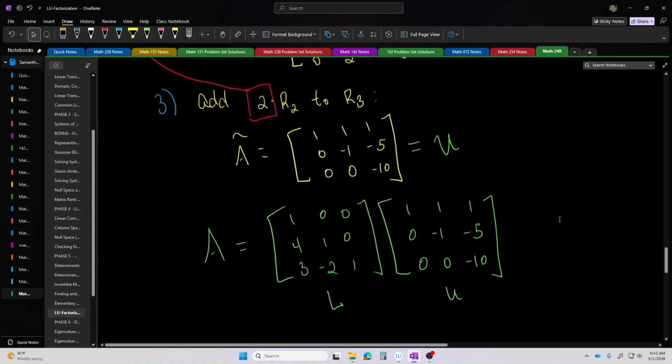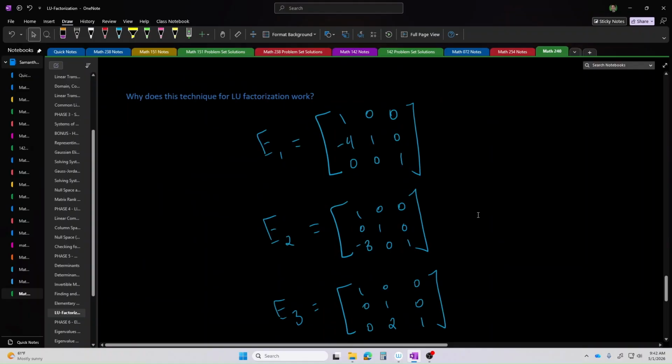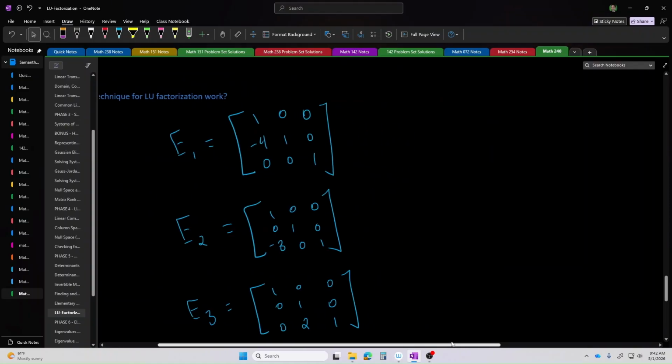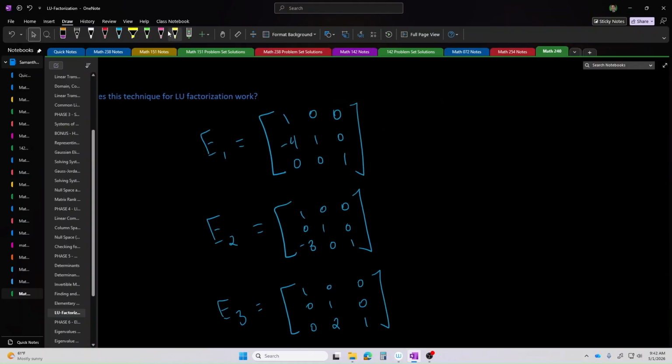And to prove that, let's think about what the inverses of these elementary matrices would be and what would happen when we multiply them all together.